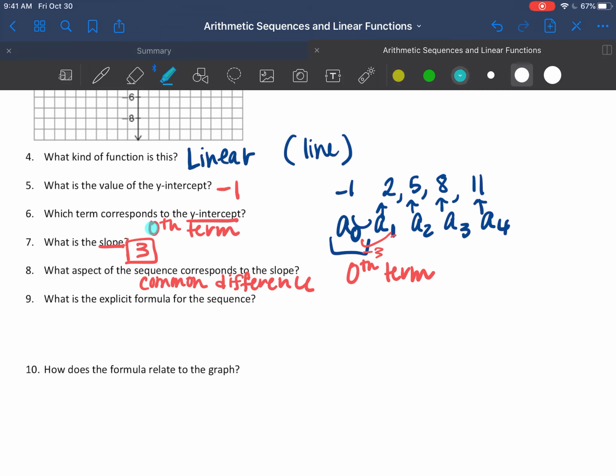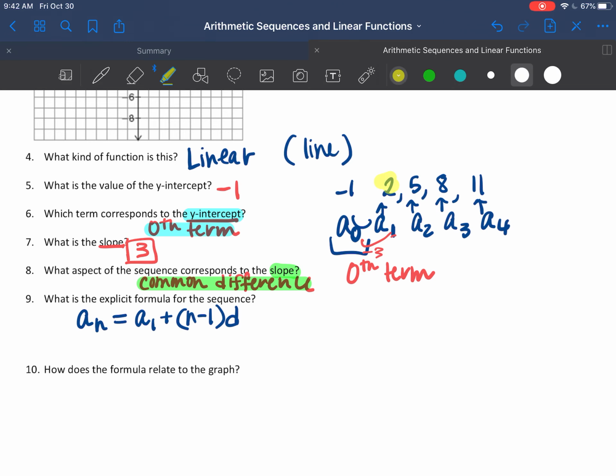Okay, so the 0th term is the y-intercept, and the slope corresponds to the common difference. So now if we're writing an explicit formula, we talked about the explicit formula being a sub 1, take the first term, figure out what n minus 1 is, and multiply it by d.